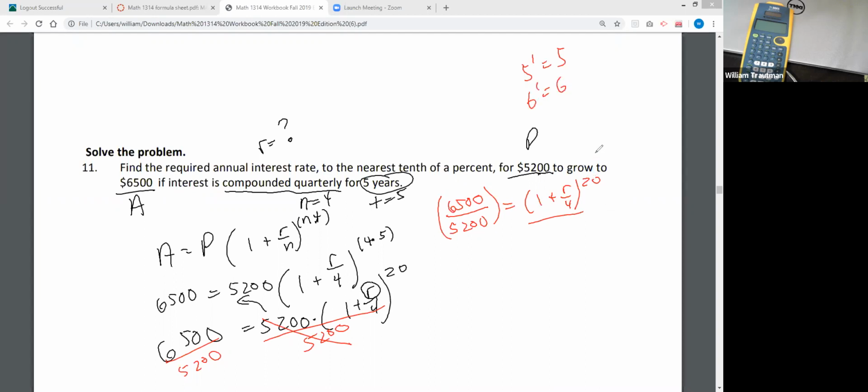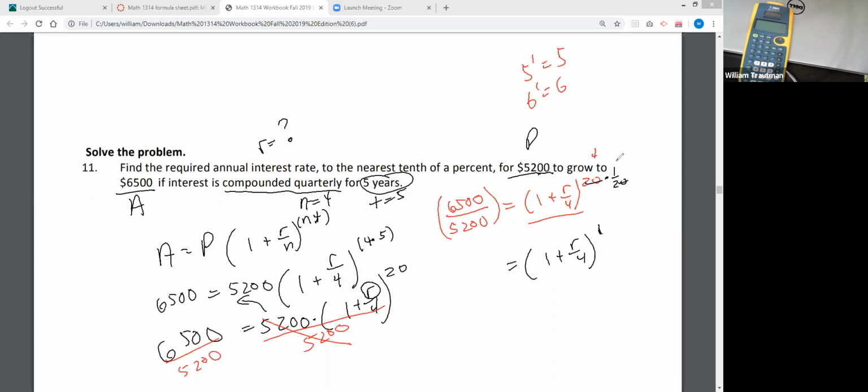I need to change this power to a 1 somehow. If I multiply the power by 1 over 20, 20 times 1 over 20 cancels out, and I'm left with a 1.